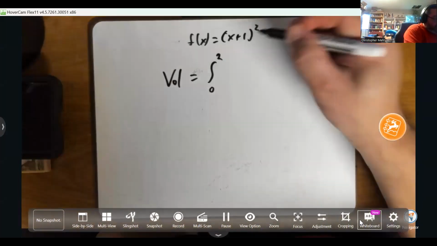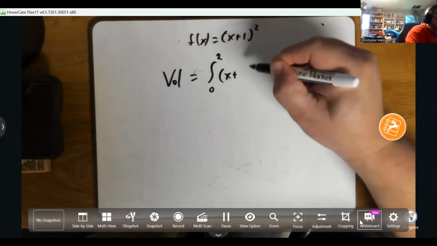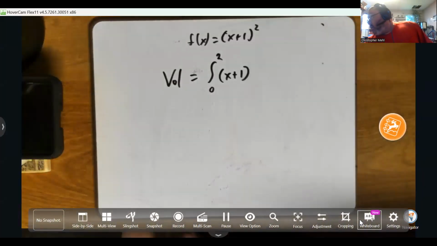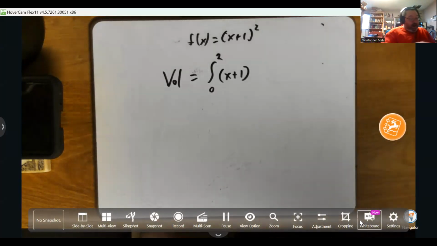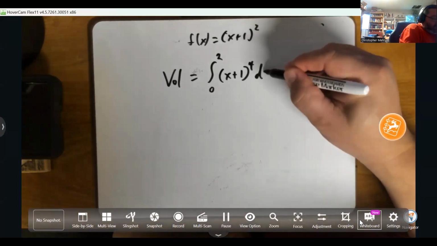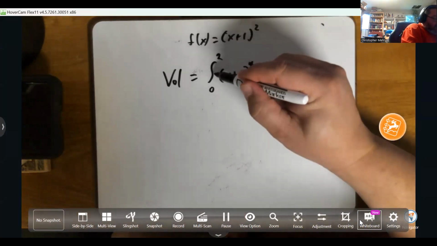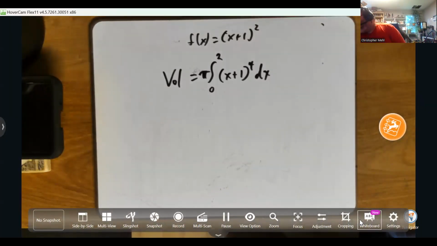And f of x, that's our radius, so it's going to be x plus 1 quantity squared, and so that would be x plus 1 to the 4th dx, and times, don't forget the pi, because it's circular.